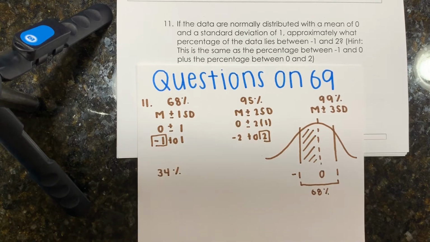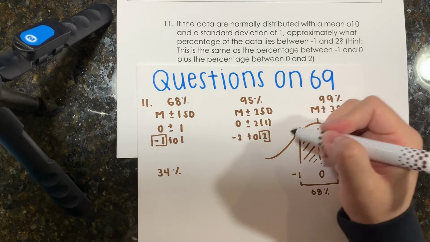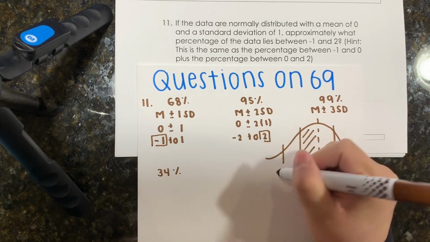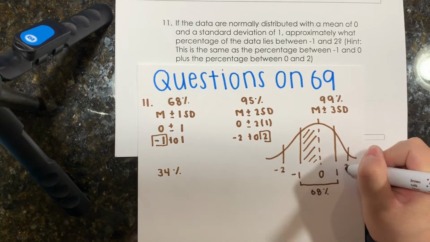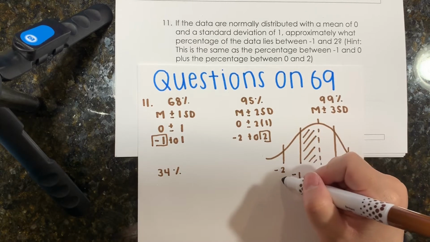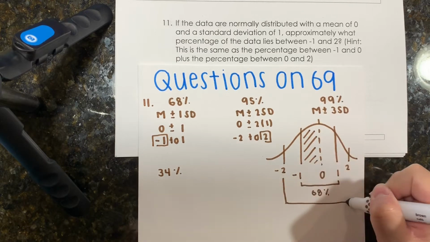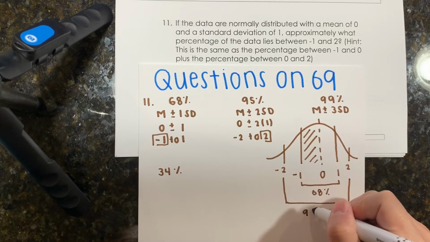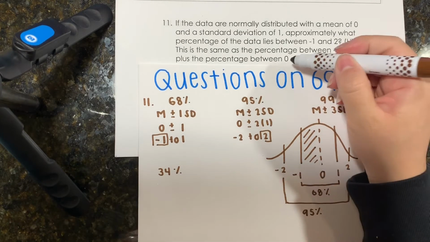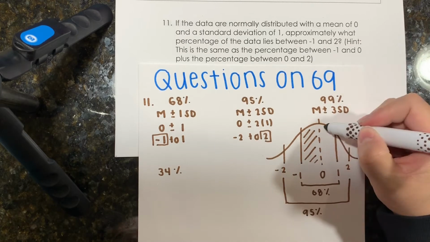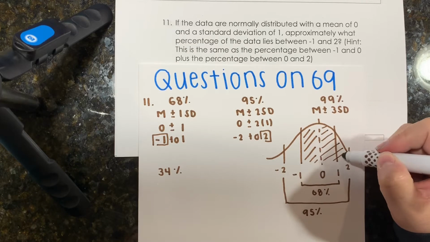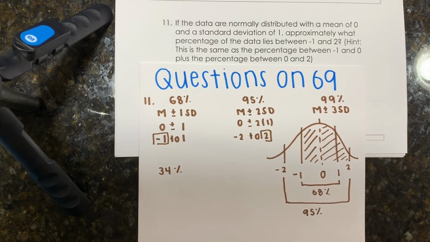Then I know that the percentage from -2 to +2 was this percentage here, which is 95%. But I want to know what the percentage is between 0 and 2. So that would be this portion over here, which if you notice would be half of the 95%.